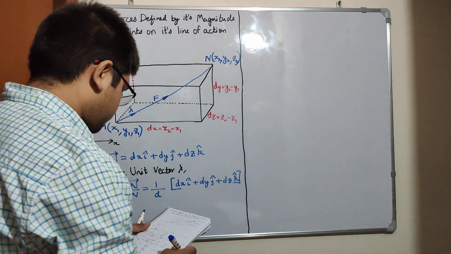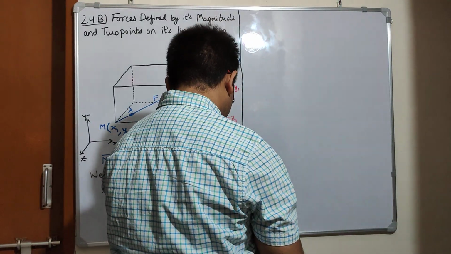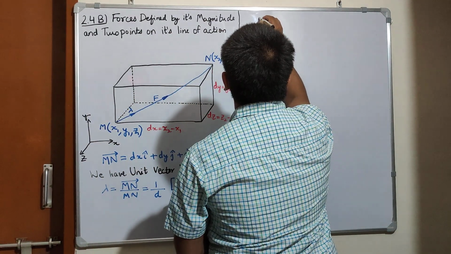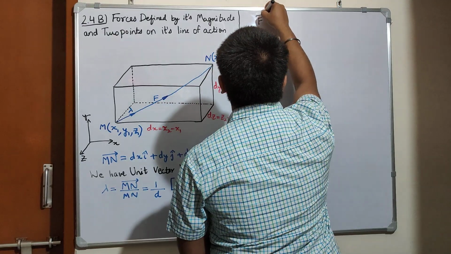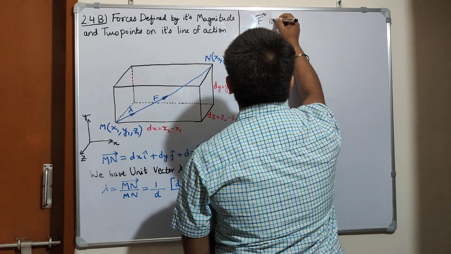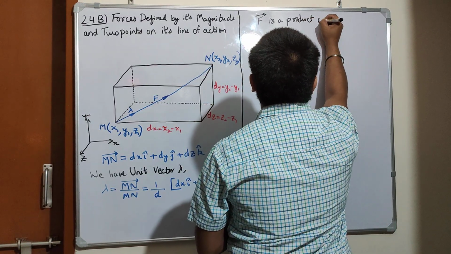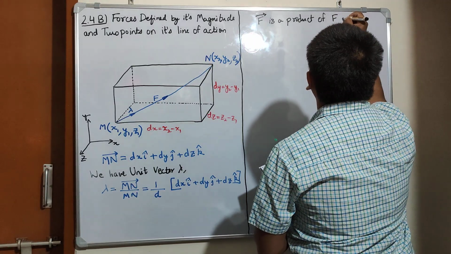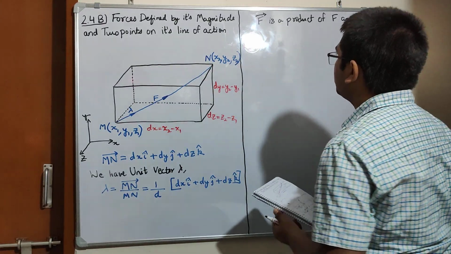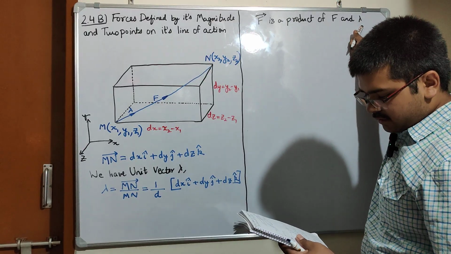So F vector is a product of the scalar F and the vector lambda.